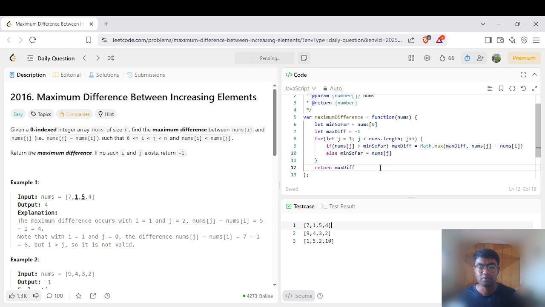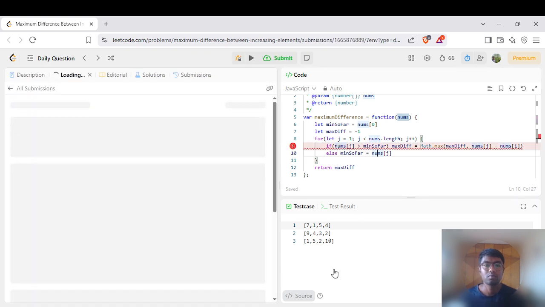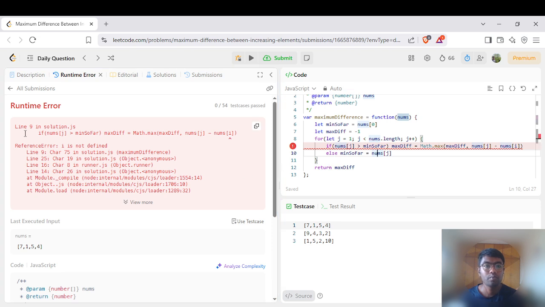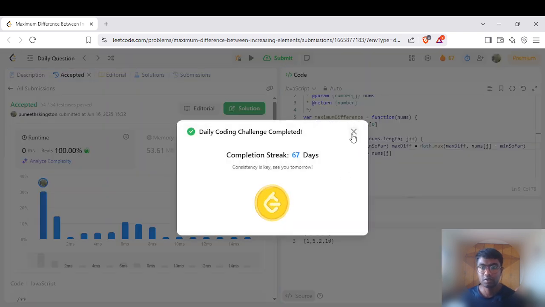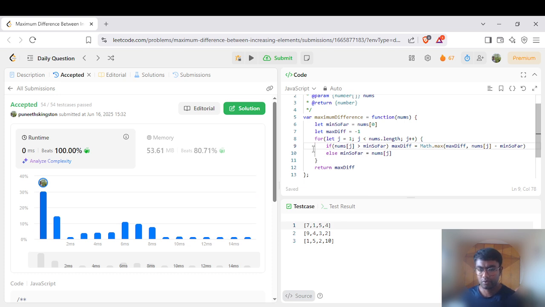Let's try submitting the solution. As you can see, the solution gets submitted. Time complexity of this solution would be O of n, as we iterate through the nums length, and space complexity is O of 1, as we do not have any variable memory space.